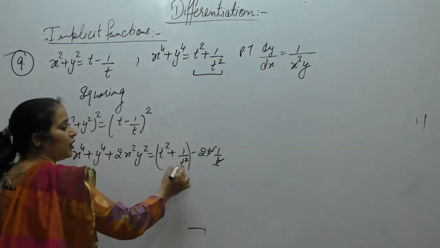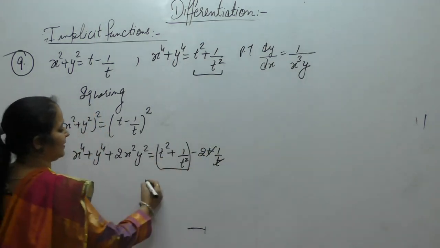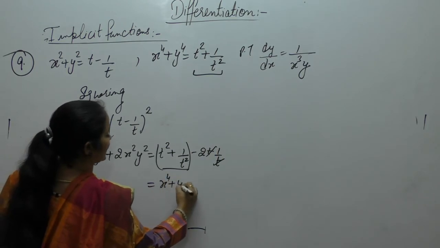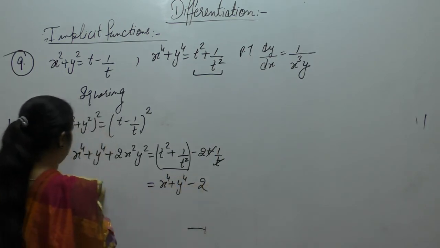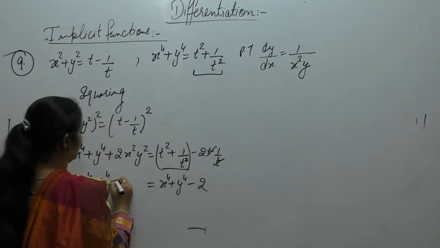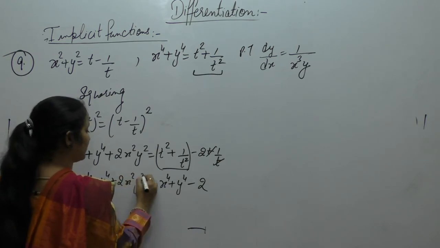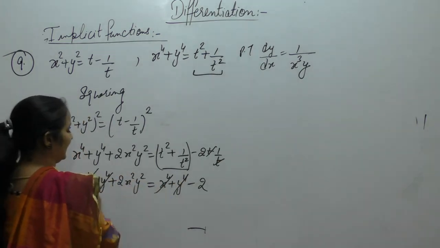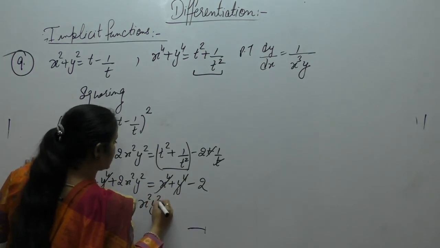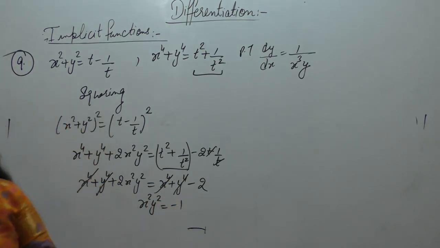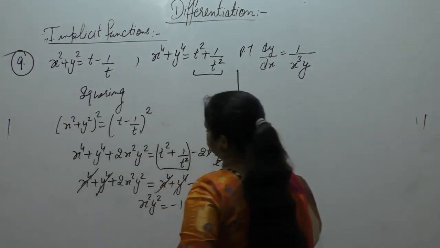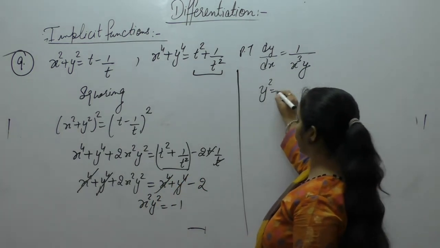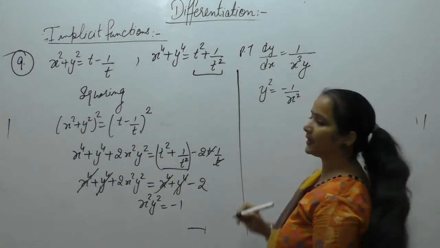Now we have the value of this term t square plus 1 by t square, that is x power 4 plus y power 4, plus 2 x square y square. This will get cancelled, so we are left with x square y square equals minus 1. Or we can say that y square is minus 1 upon x square.